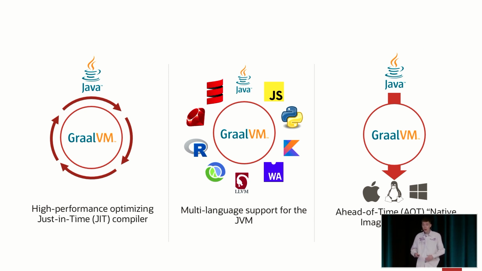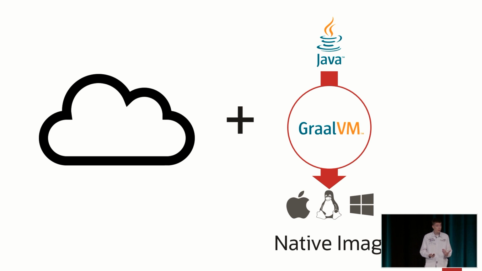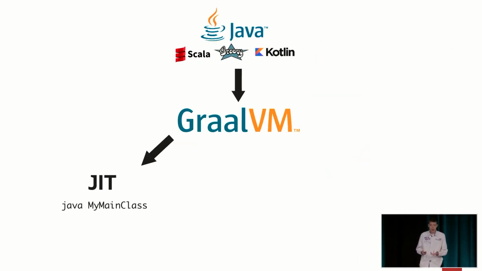The reason we think this is very relevant is that specifically in a cloud environment, this ahead-of-time compilation has many advantages. If you run an application on GraalVM in JIT mode, you take your Java, Scala, Groovy, or Kotlin program, you type java my main class, and you run your application.